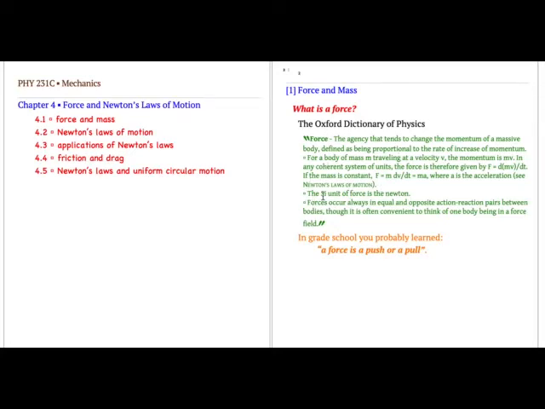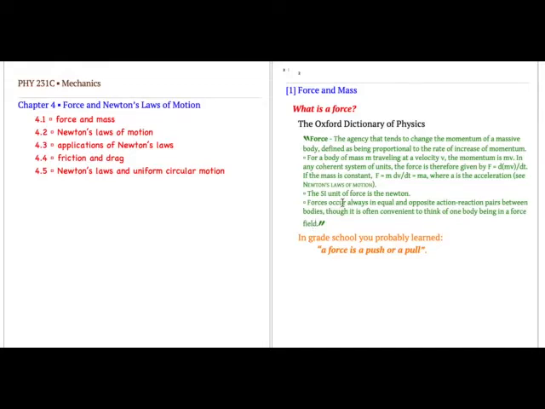Then there's one more statement in the Oxford Dictionary of Physics. Forces always occur in equal and opposite action-reaction pairs between bodies, though it is often convenient to think of one body being in a force field. So, apart from field theory, which is really the subject of electricity and magnetism, that doesn't really come along until Physics 232.